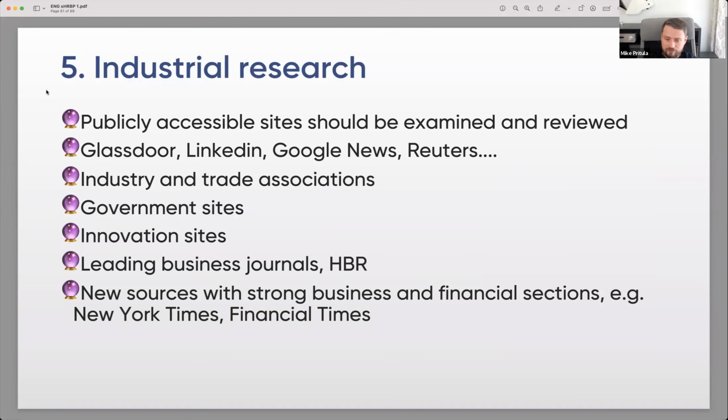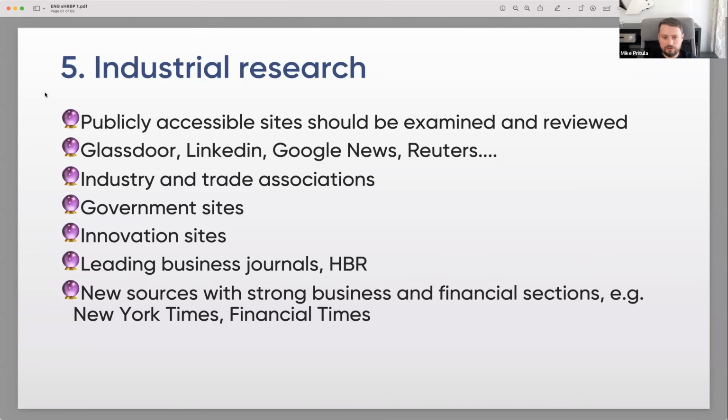And then industry research. It's very important for HR business partners to understand what's happening in your industry in general, in your country. There could be publicly accessible sites which should be examined and reviewed. Then Glassdoor, LinkedIn, which has perfect insights on its site.